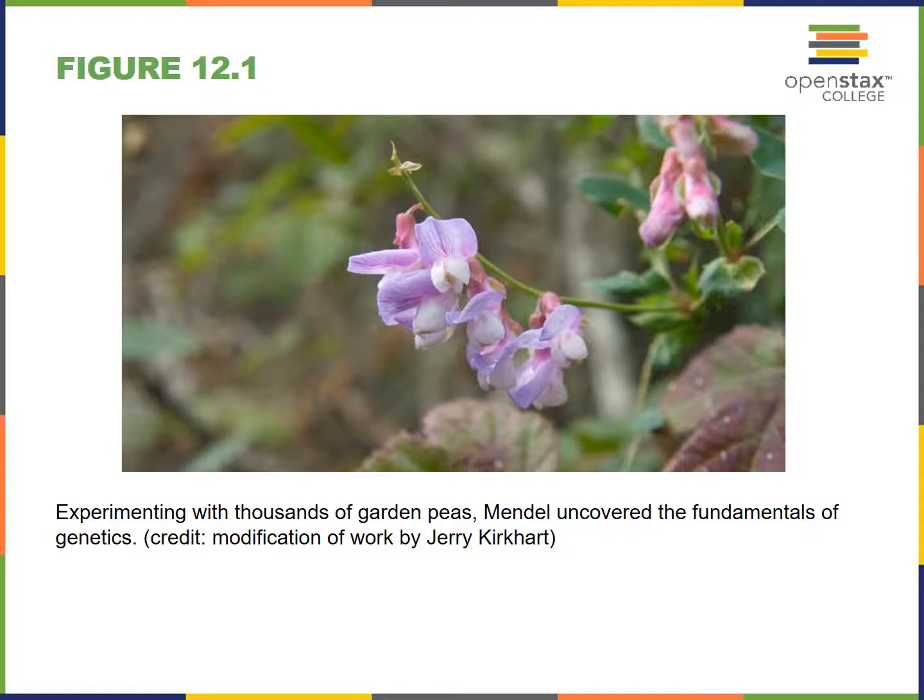He also picked pea plants because they have a ton of offspring. And this way, he could get enough numbers to have confidence in his data. And they reproduce quickly. And for all these reasons, he picked pea plants as his model system to study genetics. He did get a little lucky.